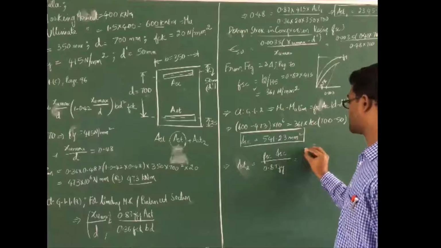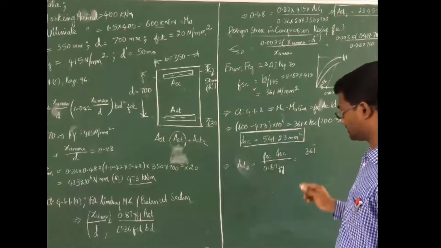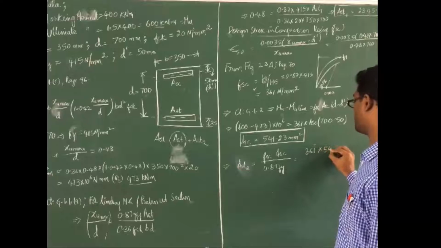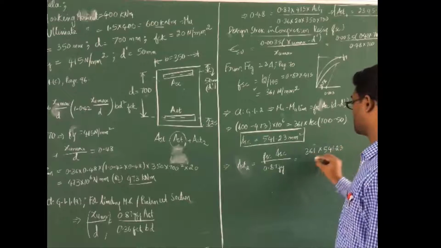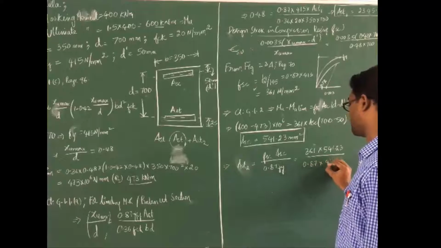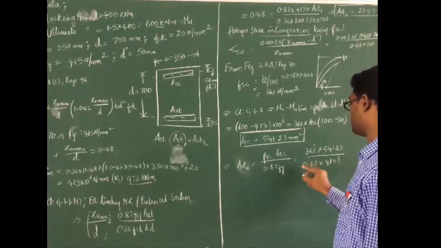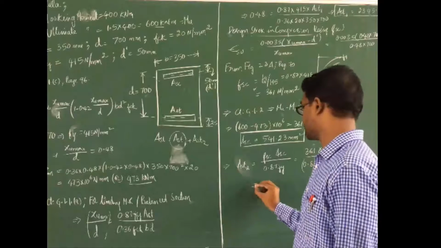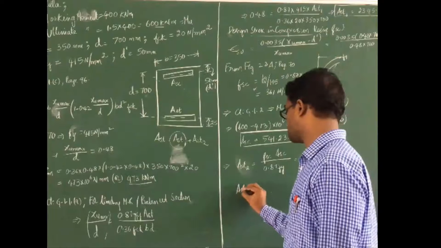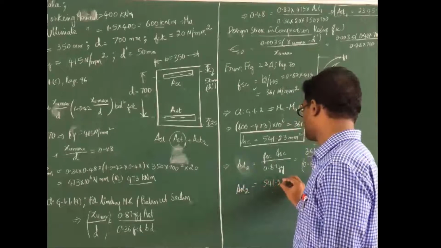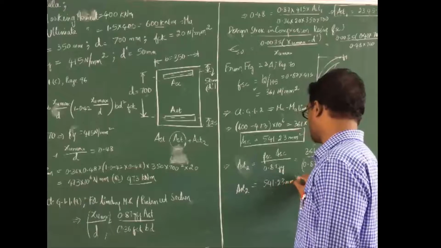FSC we know as 361, ASC as 541.23, divided by 0.87 times 415. These both are equal, so the AST2 value is 541.23 mm square.